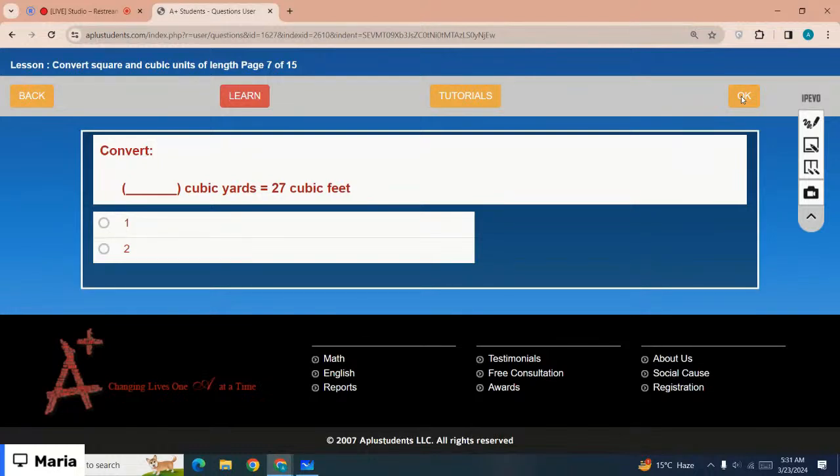The next one is 27 cubic feet equal how many cubic yards? The correct option is 1 cubic yard.